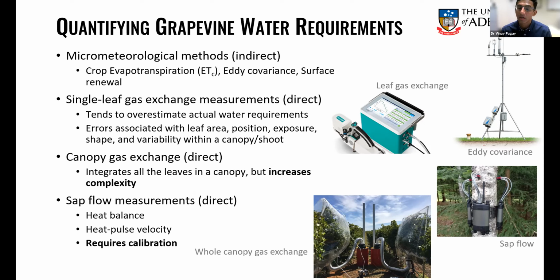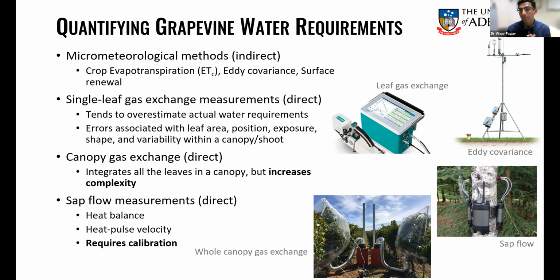But there are some commercial versions of flux towers now that are based on a technology called surface renewal, making very accurate temperature measurements along a vertical gradient. And so there are companies now that have commercialized that for estimation of things like crop evapotranspiration. So that's basically the amount of water that's removed from your vineyard, and that's the amount you may want to replace, or a fraction of that amount that you would replace.